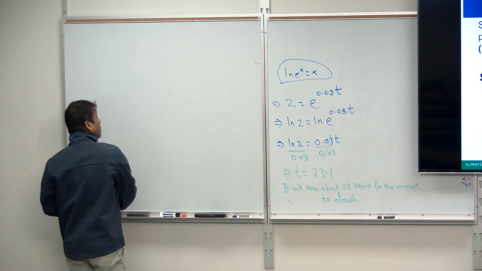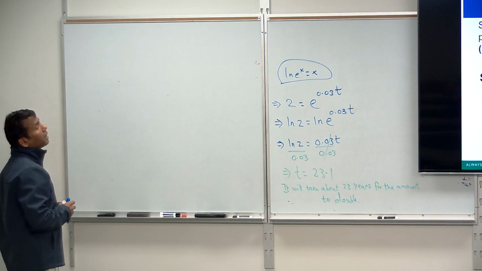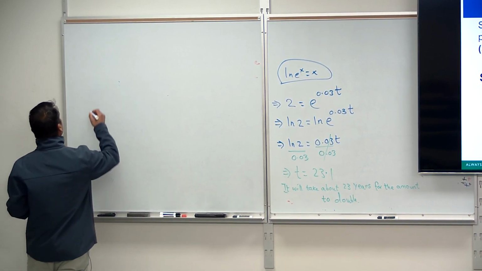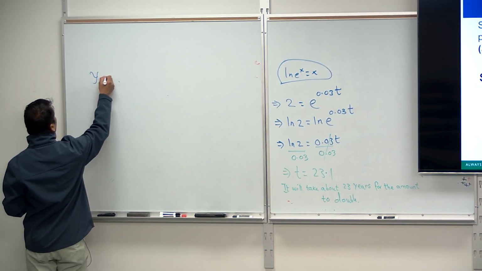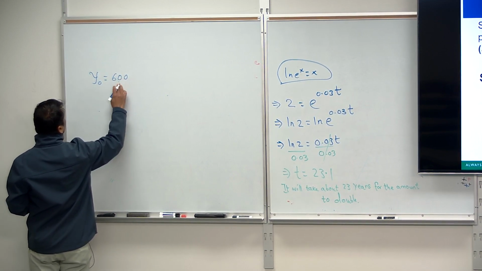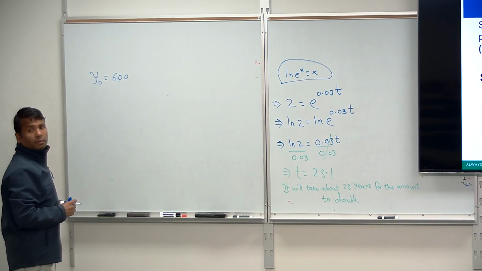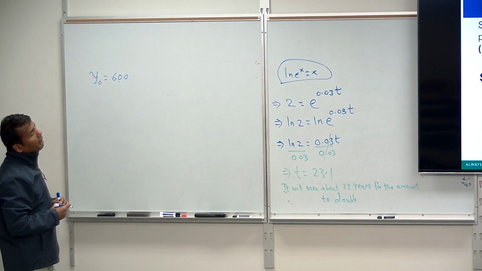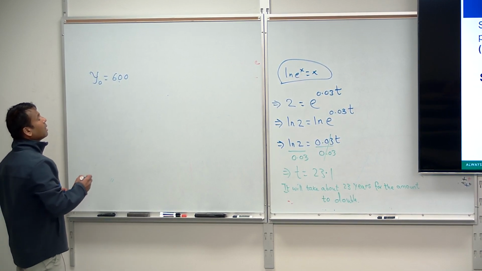So the question here is, suppose 600 gram of radioactive substance are present initially. So that means the initial amount y sub 0 is 600 gram. And the amount after 3 years is 300 grams.